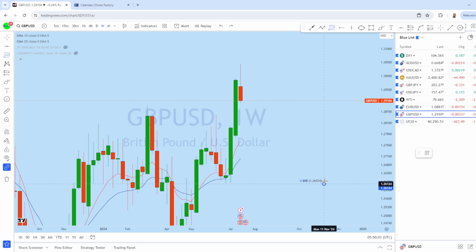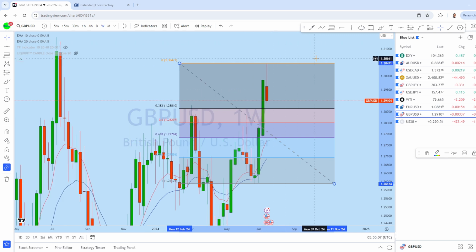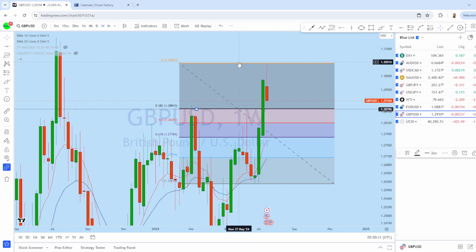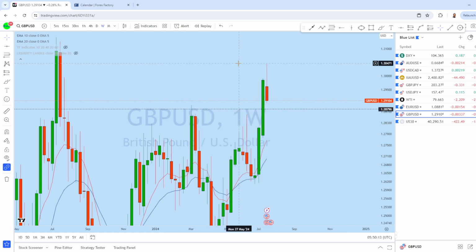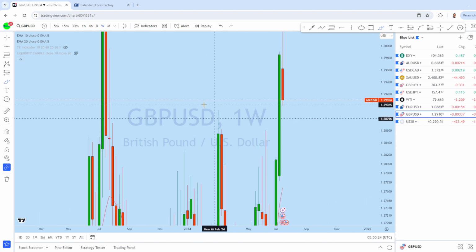If we take our Fibonacci from the low to the high on British pound US dollar, we can see the price is approaching this 38.2% Fibonacci level. With this Fibonacci level, we can expect British pound US dollar to break below, grab liquidity, and then bounce back up to create a new higher high.